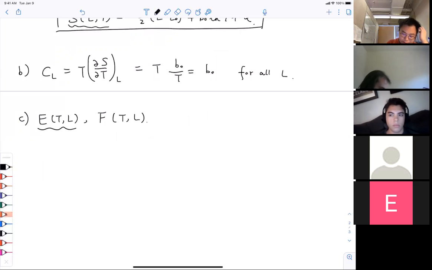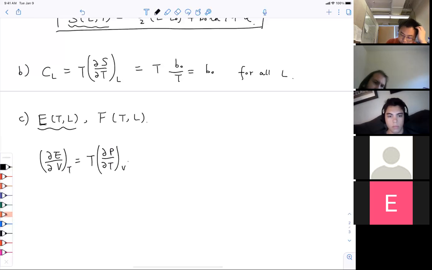From what we discussed last time, we can write down two differential equations for this energy: partial E partial V at constant T equals T partial P partial T at constant V minus P, and partial E partial T at constant V, which is CV.